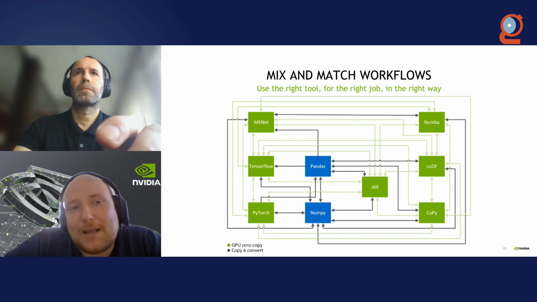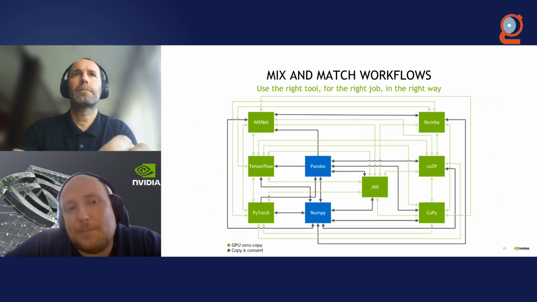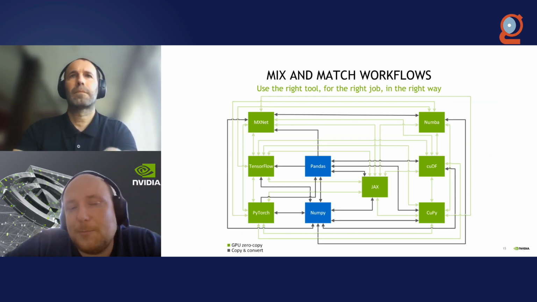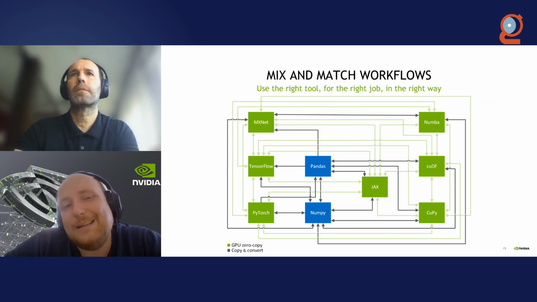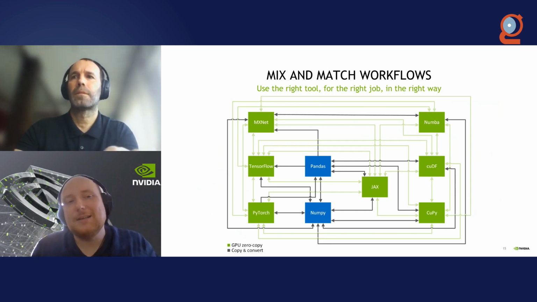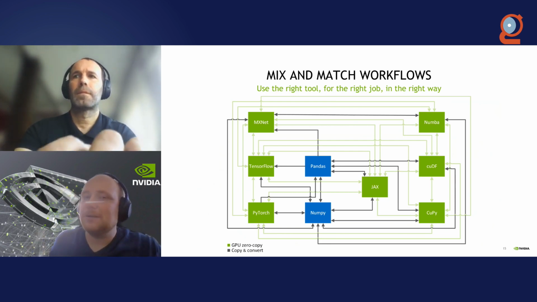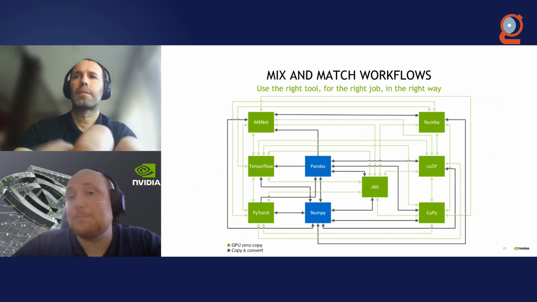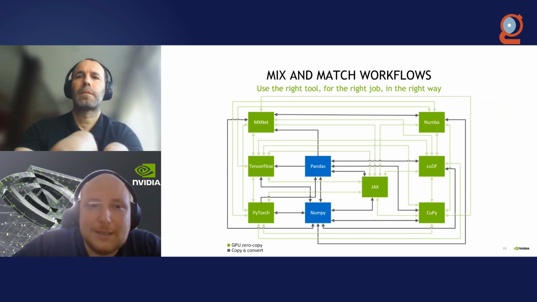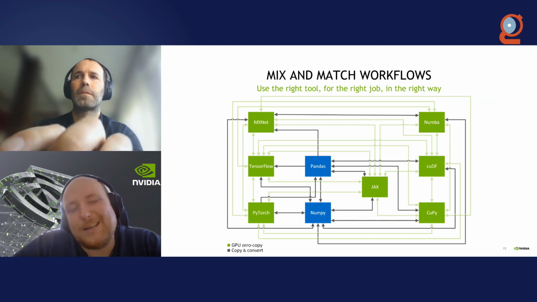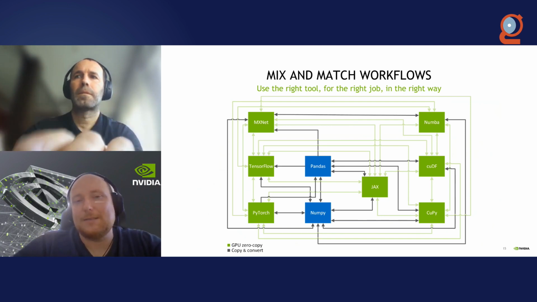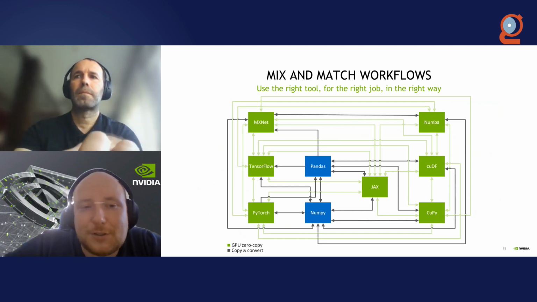And those are the conversion paths in between those frameworks. Whenever it's green, we can actually copy data from a GPU framework to another GPU framework, and even more interesting, using a technique called zero copy. So we're not actually copying the data at all, but just passing more or less the pointer in the video buffer. So we can basically keep the data where it is, which is actually the most efficient way.